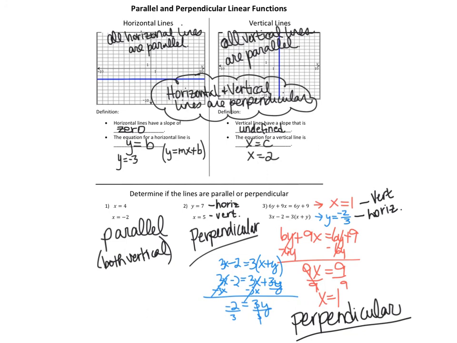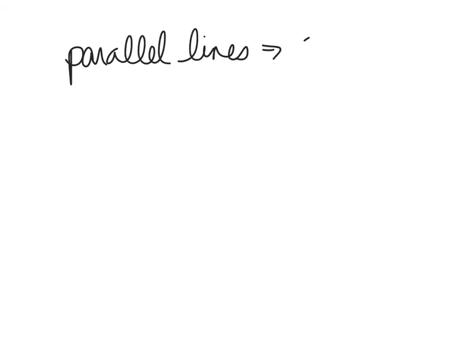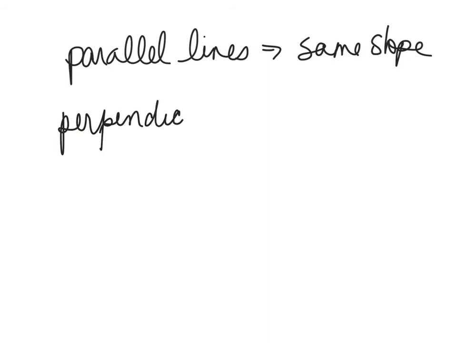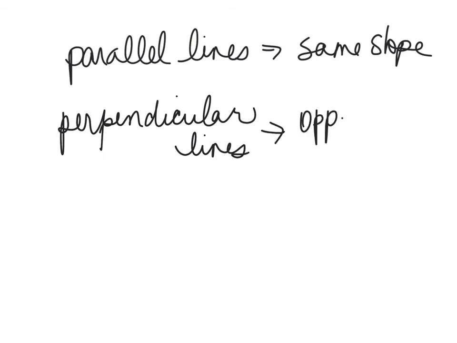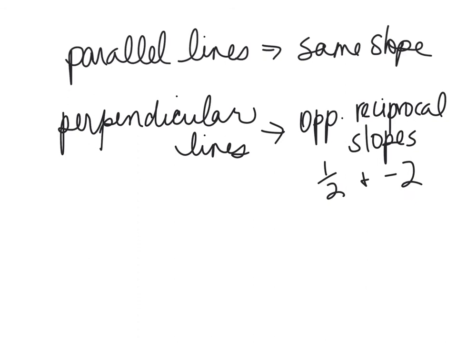Okay, so again, parallel lines have the same slope. Perpendicular lines have slopes that are opposite reciprocals. So like 1/2 and -2.